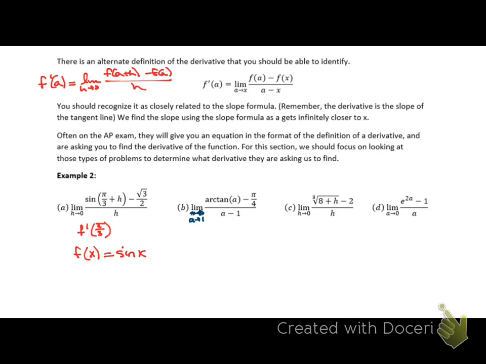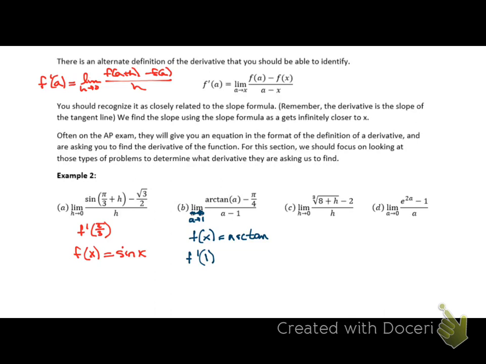So if it's f of a minus f of x, then they give us the equation in that first term. So we are finding the derivative of arctangent. So the f of x function is arctangent. And we want to find f prime of a certain number, which happens to be the number that a is approaching, because that's the number you're going to plug in. So it's f prime of 1. That's what we're trying to find.